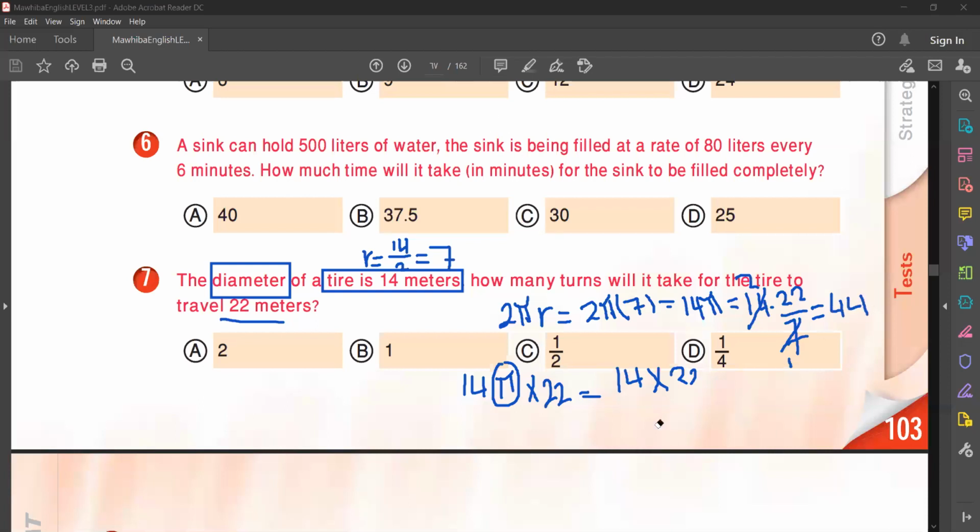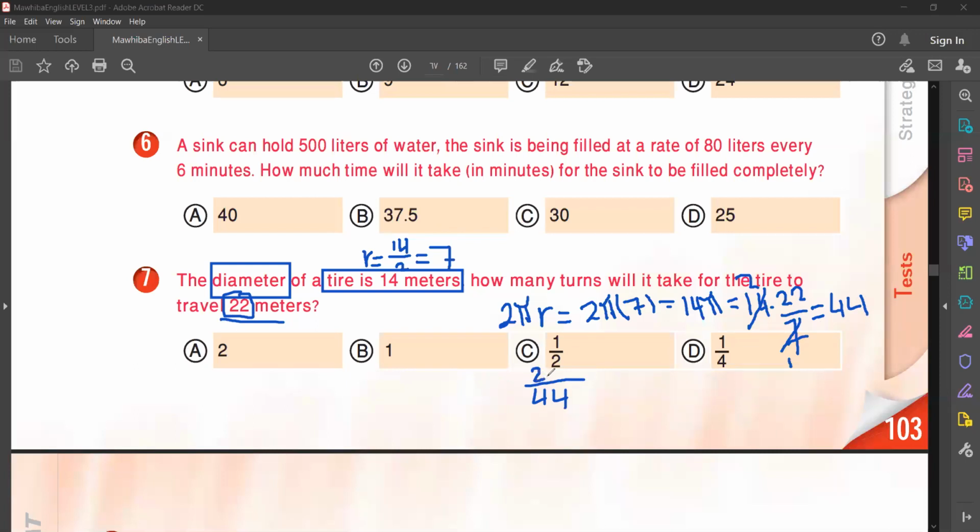So we now divide. I think it is easy. Divide 44 by 22, or rather 22 by 44, because we need 22. Each one turn equals 44.